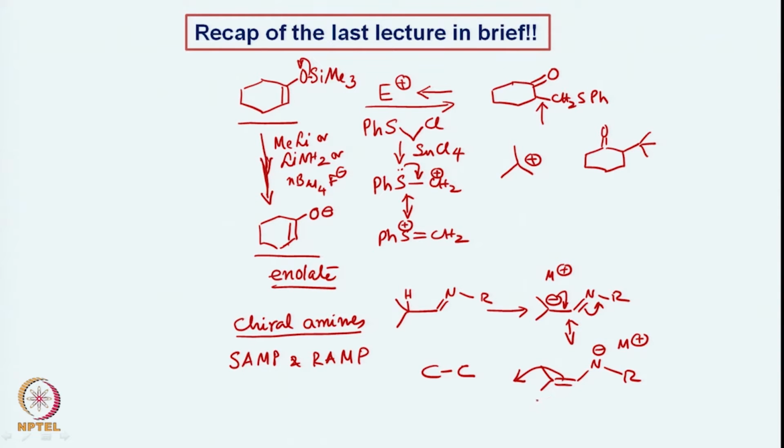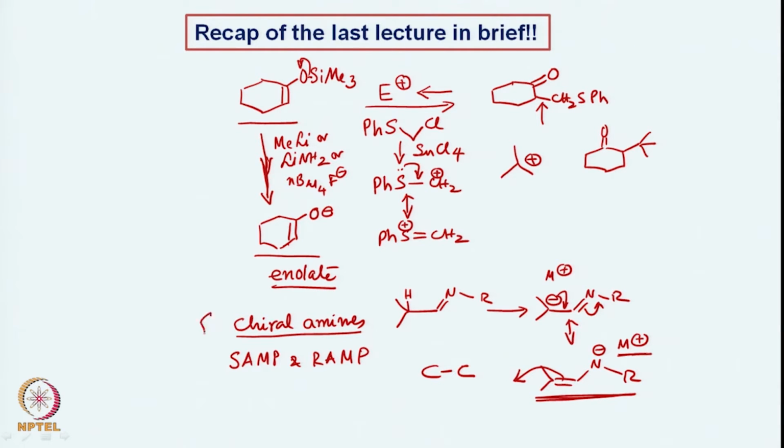Now this enamine is different from the enamine developed by Stork, because in the Stork enamine case the nitrogen did not have a negative charge, whereas in this case we have a negative charge and the M plus plays a very crucial role.